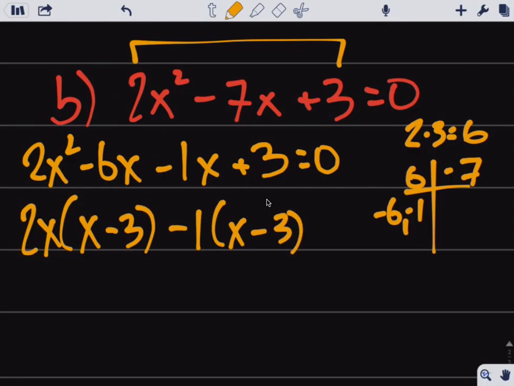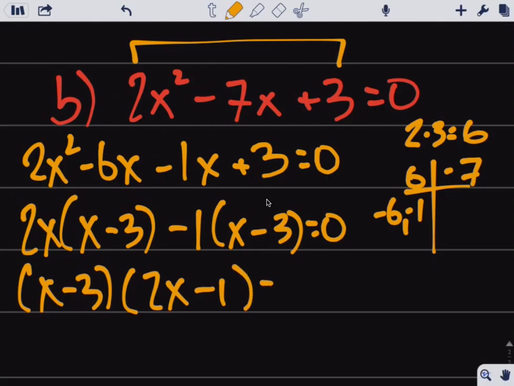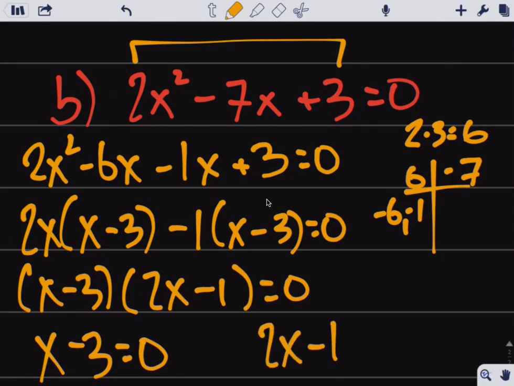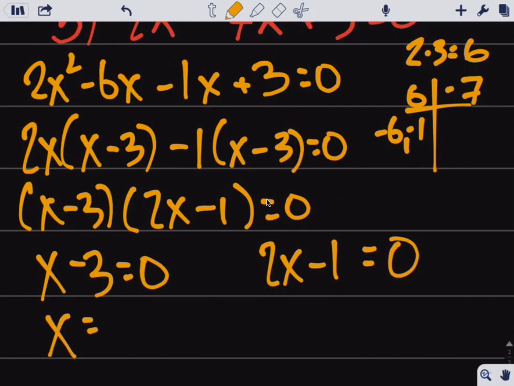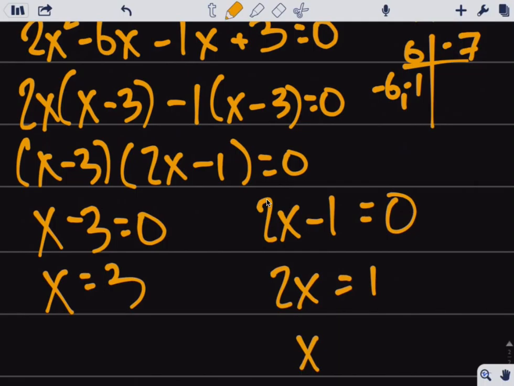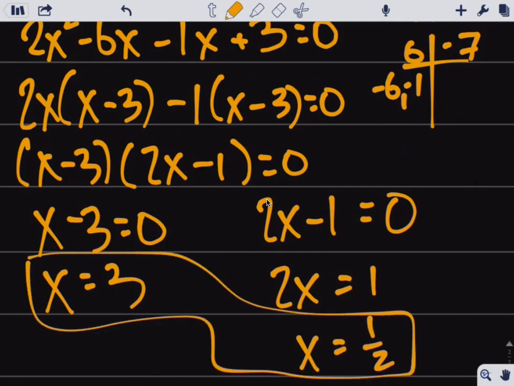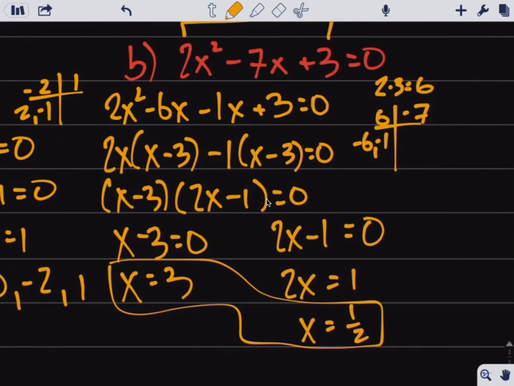And then I can pull out the x minus 3, and so we get 2x minus 1 equals 0. Zero product property: x minus 3 is equal to 0, 2x minus 1 is equal to 0. So we get x is equal to 3, 2x equals 1, or x equals 1/2. And those are your zeros. Okay? So we factor, use the zero product property, and solve.